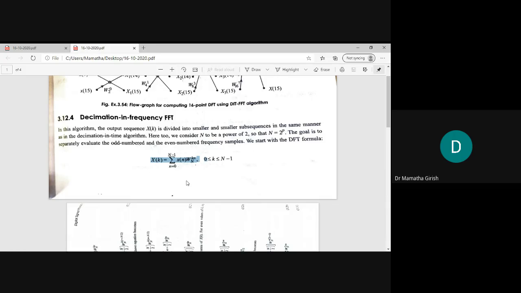This is how the equation goes: X of k is equal to summation small n varying from 0 to N minus 1, x of n multiplied by its twiddle factor. Note that the range of k is from 0 to N minus 1. As I told earlier, what is the point in proceeding with this derivation? To get the even and the odd counterpart of the frequency samples X of k. That's the main aim of the derivation.